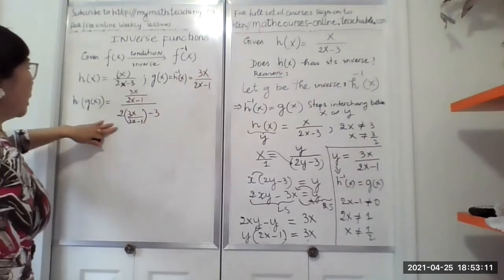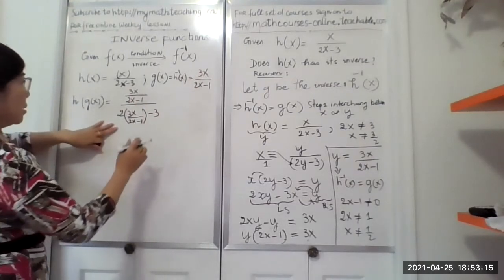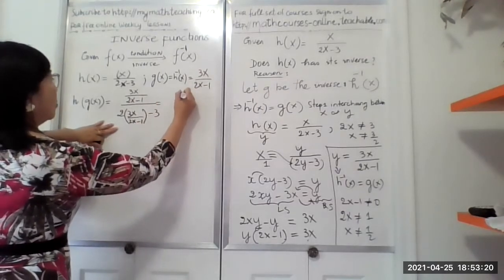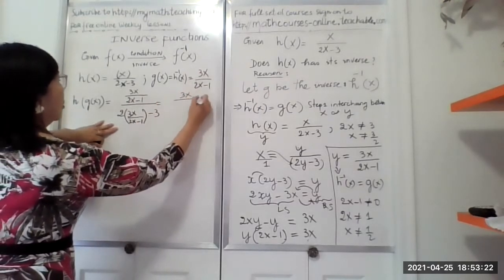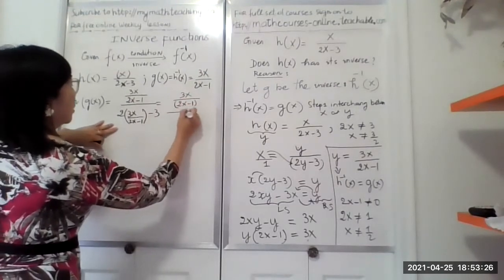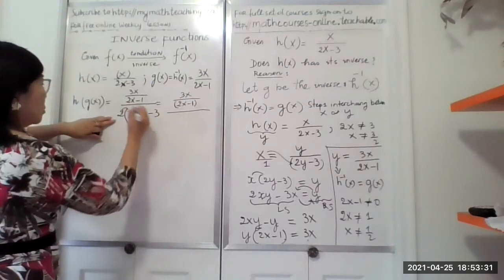So this is a complicated rational function, but let's work step by step and see what it looks like. On the top, we have 3x over 2x minus 1. Let's put it in brackets. At the bottom, let's distribute this together.